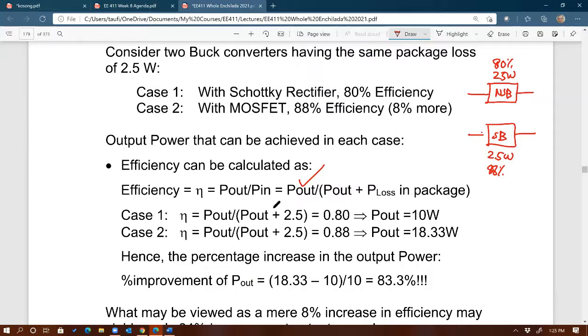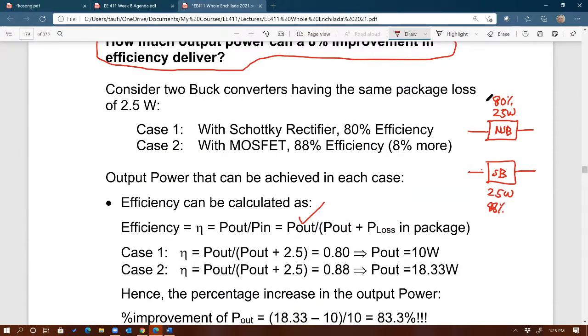So the equation would be: efficiency equals P out divided by P out plus P loss in the module. That's 2.5, and that's going to give you 0.8 efficiency. So that's for case number one. For case number two it's the same equation, P out over P out plus 2.5, except the efficiency is now increased by 8%, so 0.88.